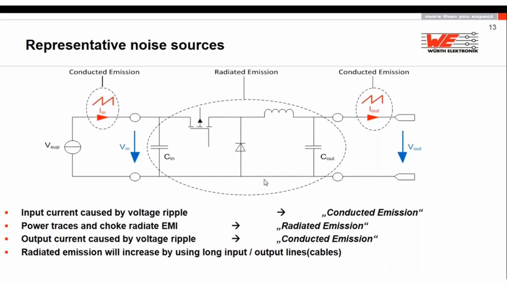Actually, you have taken a lot of care of this track of the input capacitor, maybe even the diode and the output capacitor. This PCB track, if you take a near field probe and go close to this track, you will find out that this is the most radiating and most dangerous EMI track.